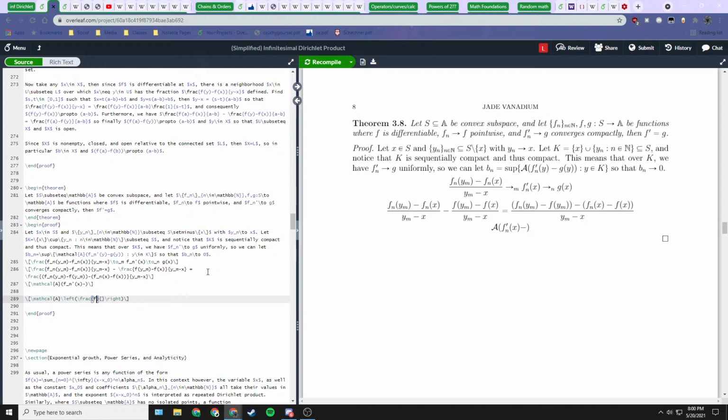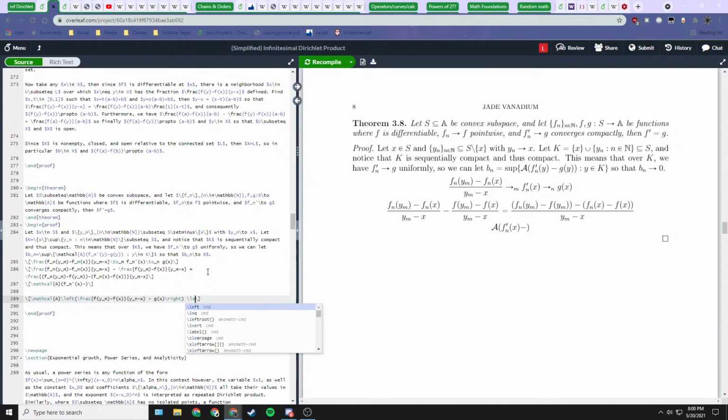We have f of y sub n minus f of x over y sub n minus x, and we're subtracting g of x.